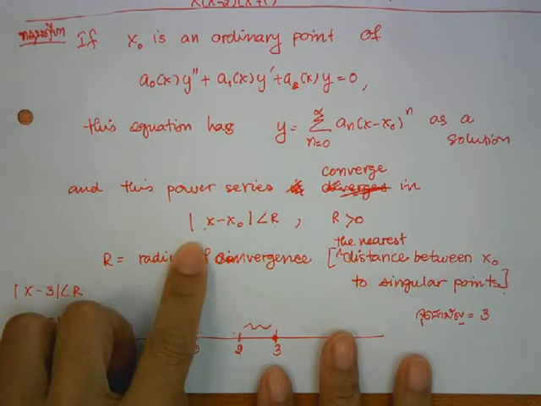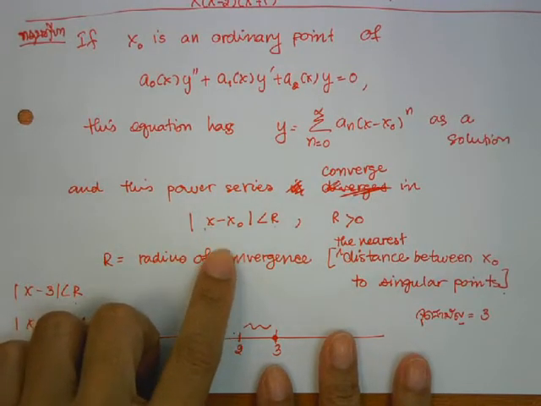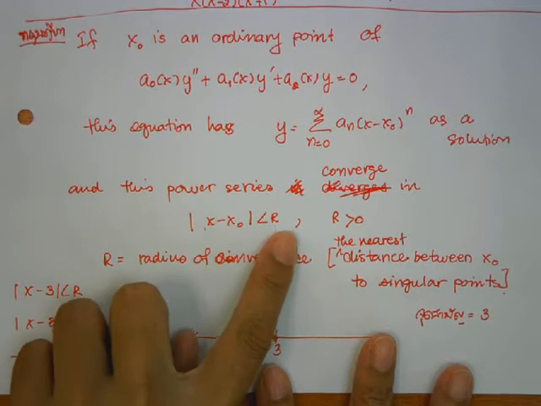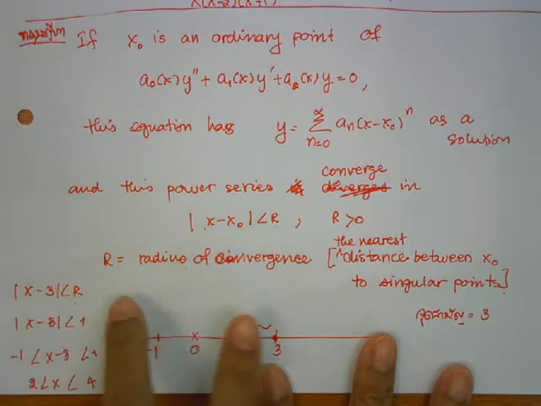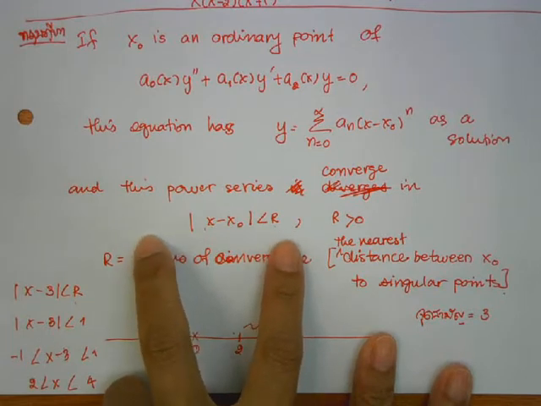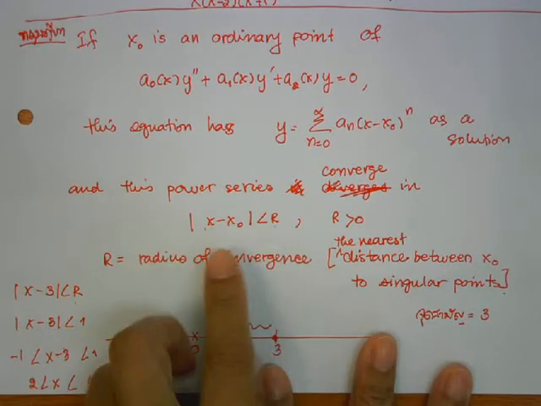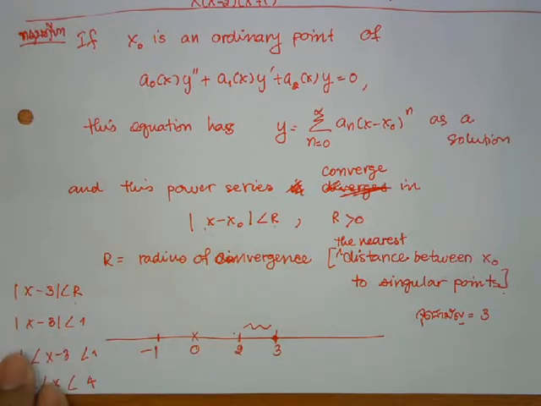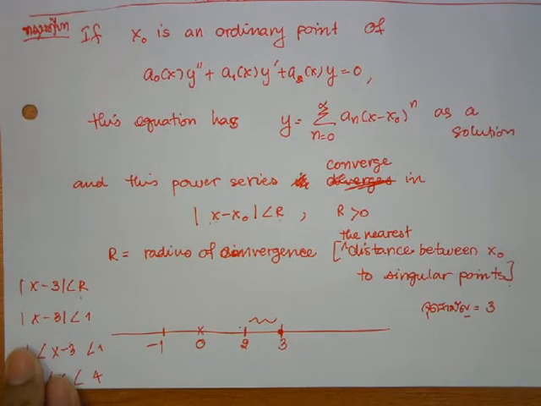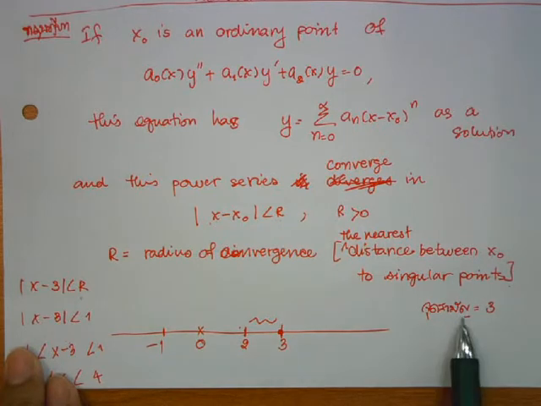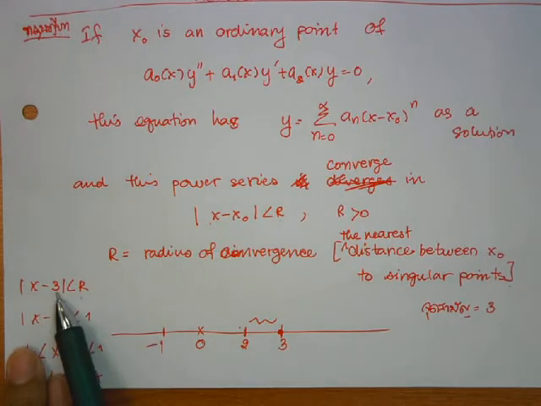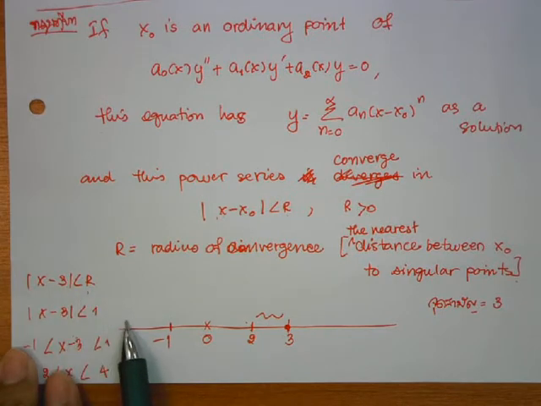You can find it from the absolute value of x minus x0 being less than r. That means it's going to converge within this range. If you take the absolute value out, for example, if x0 is equal to 3 and the radius of convergence r is equal to 1, the ordinary point is 3 and the radius of convergence is 1.